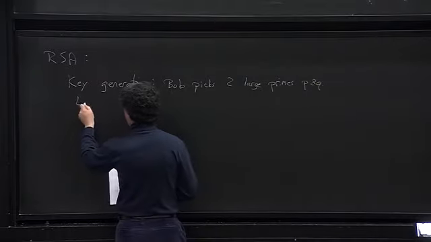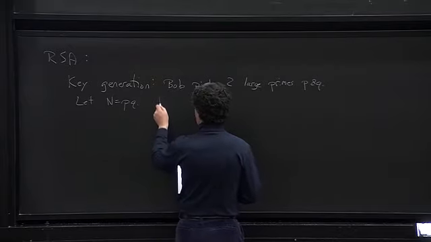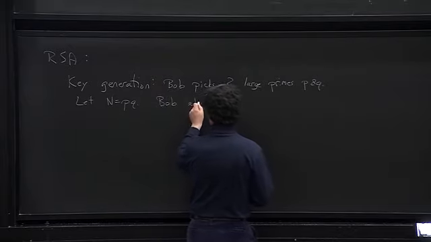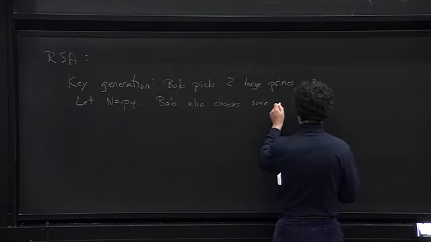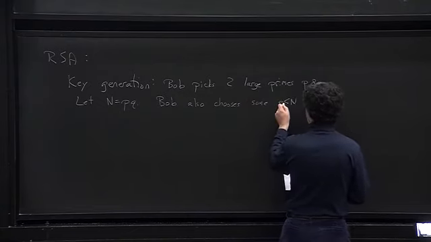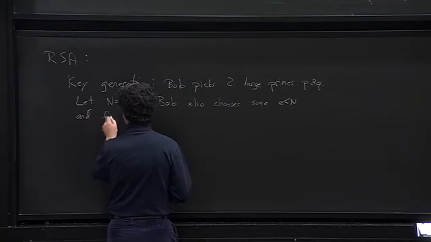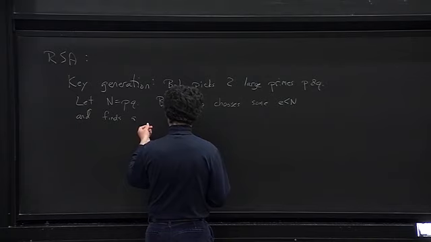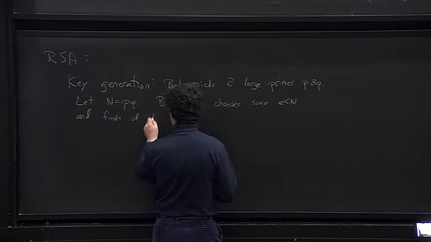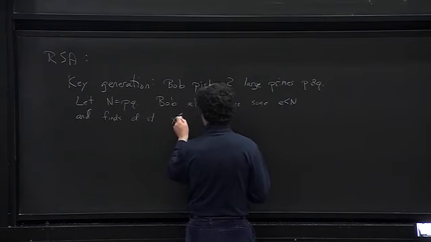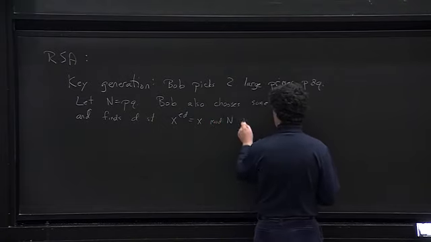Then we let n be the product of those primes. Bob also chooses some E less than n, and then finds D such that x to the ED is equal to x mod big N for all x.